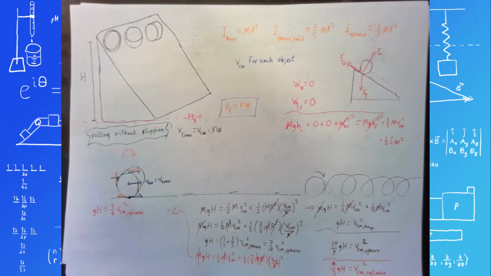I mean, I want you to be able to do the math, but on a test when you're pressed for time, if you can just conceptually determine without having to do any math, if you can just quickly answer, I don't know, choice C, the solid sphere would be the one that wins the race, if you can understand this idea conceptually, then that will definitely help you on the exam.